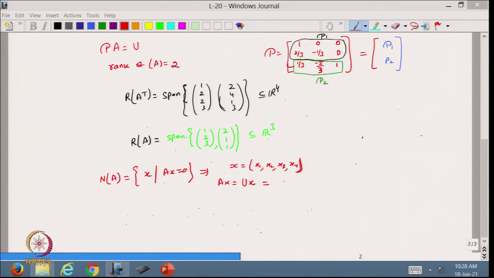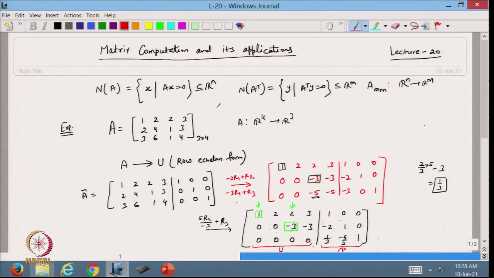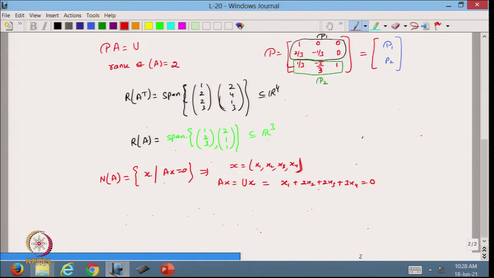So it will be x1 plus 2x2 plus 2x3 plus 3x4 equal to 0, and from the last one it is minus 3x3 minus 3x4 equal to 0. So I get only these two equations.